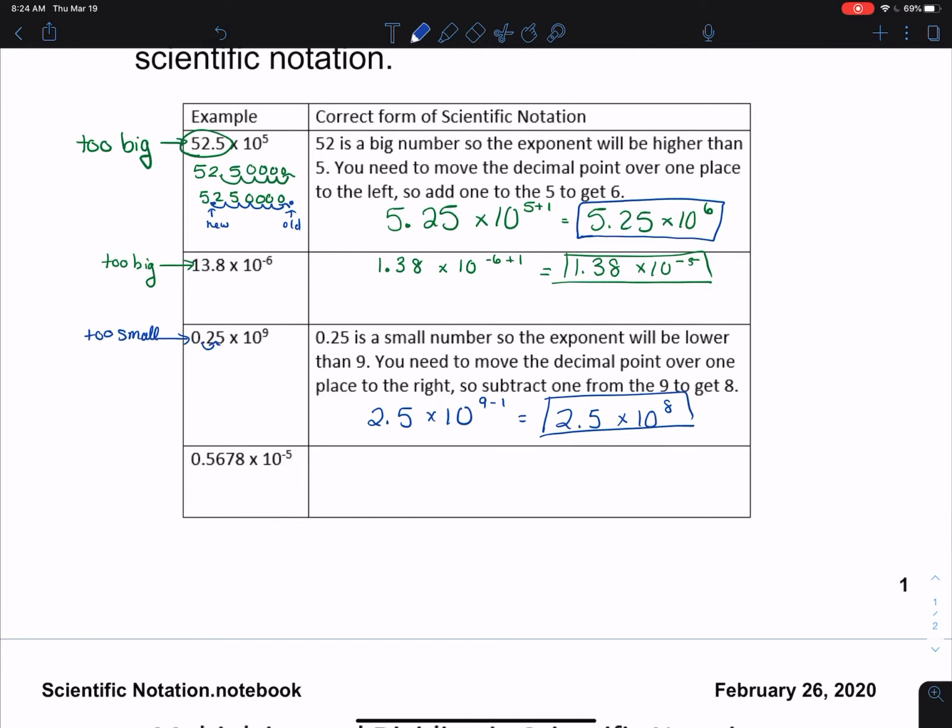Just like before, we can write this out to help us figure out what's going on. If I had that 0.25 to the 9th power, I need to go 1, 2, 3, 4, 5, 6, 7, 8, 9 spaces to the right. So I have 25 with 7 zeros after it.